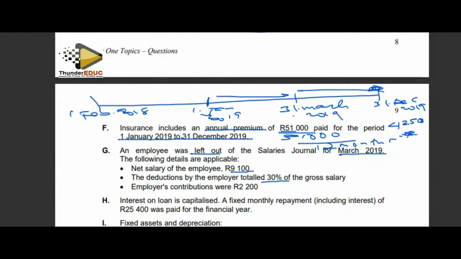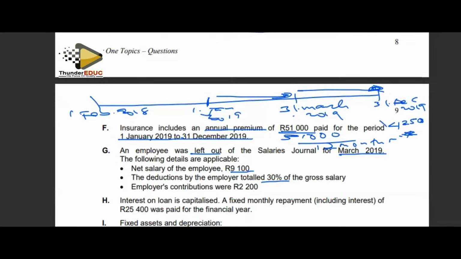This one is part of our expense during this financial year. But we are interested in what was paid after March. Then we deduct it, okay? So we have April, May, June, July, August, September, October, November, December. So I have 9 months which we paid in advance altogether.